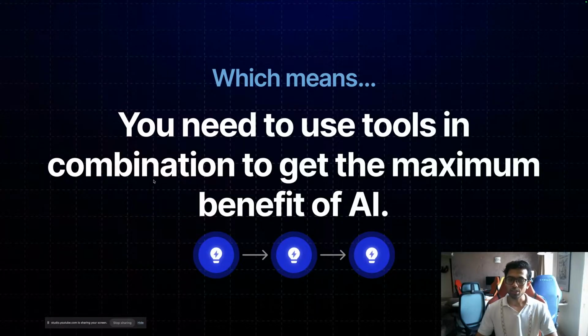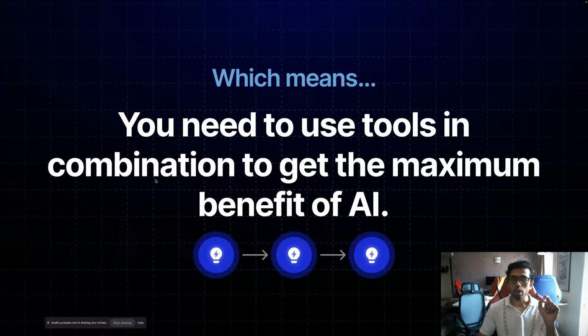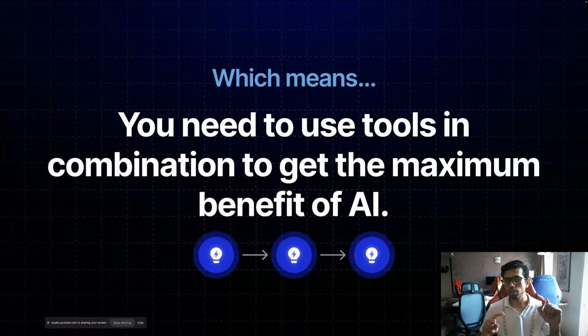Now, this is extremely powerful because one single tool is never powerful. Not even Veo 3, not even Imagen, Nano Banana, none of those tools are powerful on their own, right? But when used in combination with each other, when used to create a certain output, then we create something powerful.